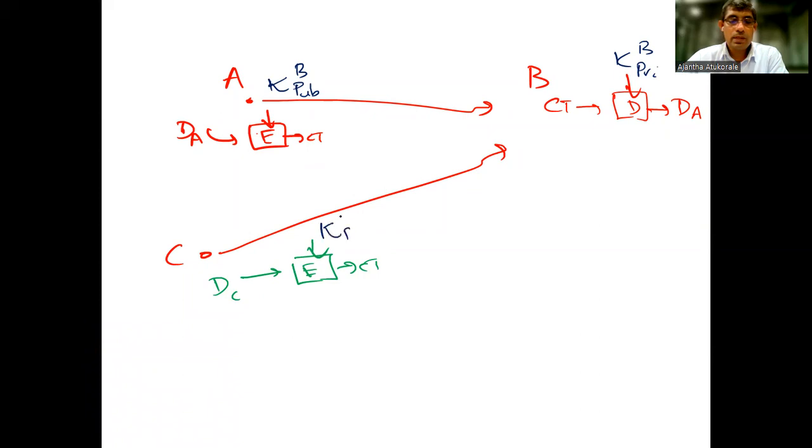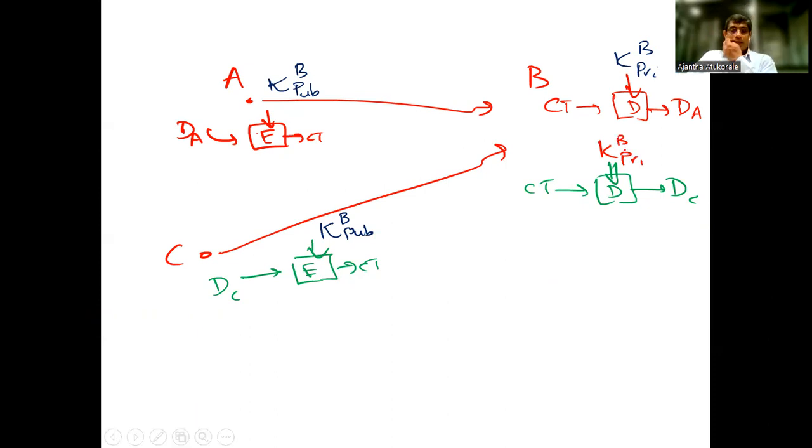Recipient is B, its public key, and then the green color ciphertext will be decrypted to get the DC data, and the key again to be used here is K private B. So that's simple. B will be using the same key.